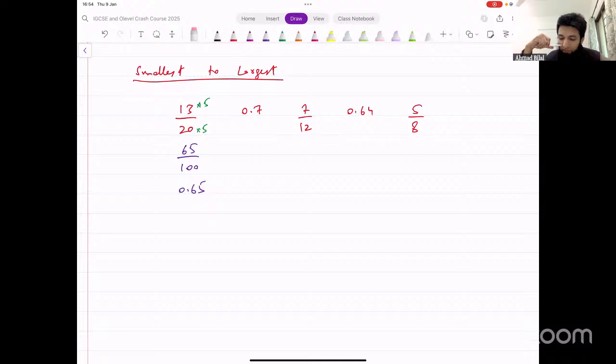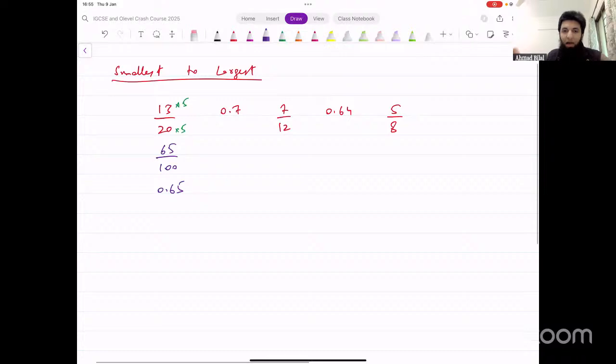Do you have 100 or 1000 in 12's table? You don't, right? 100 is not a multiple of 12. 1000 is not a multiple of 12. So it's going to be hard to convert the denominator to 10 or 100 or 1000. That means you'll have to use decimals somehow.